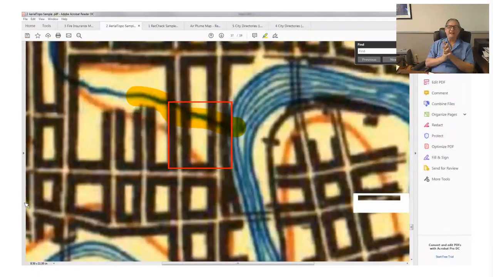Absolutely. So now we're dating when the site, first of all, went from going across our site to being filled in with a culvert.